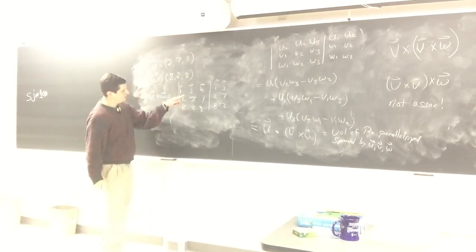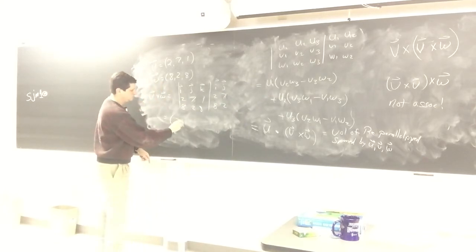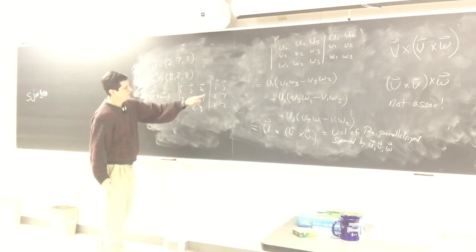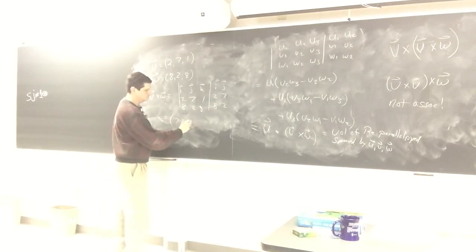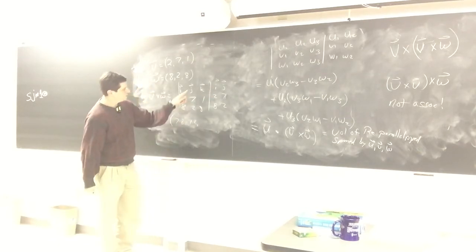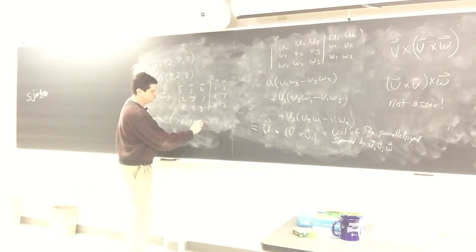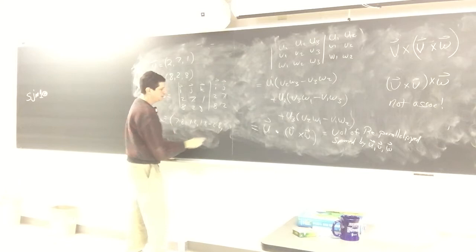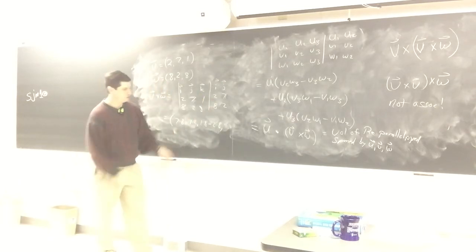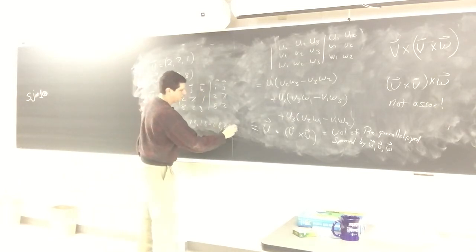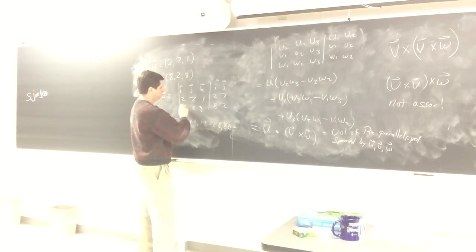So for the i component, I'll get 7 times 2, and the other one will be negative 1 times 8. The j component will be 1 times 1 minus 2 times 2. And the k component will be 2 times 8 minus 7 times 1.